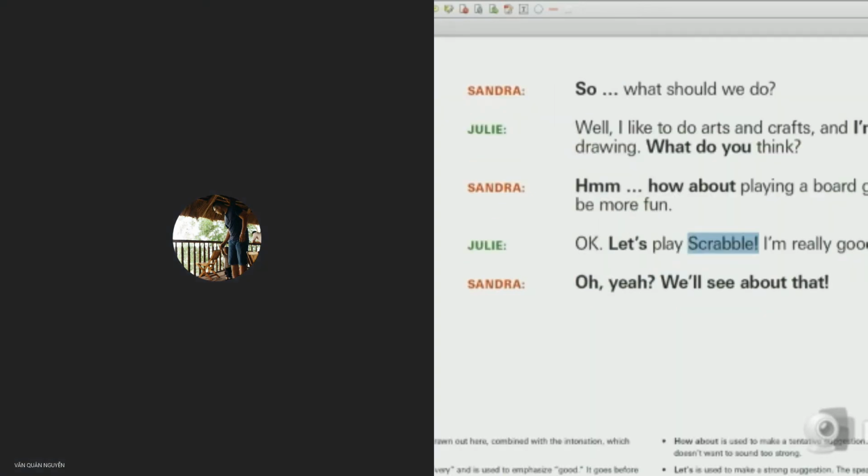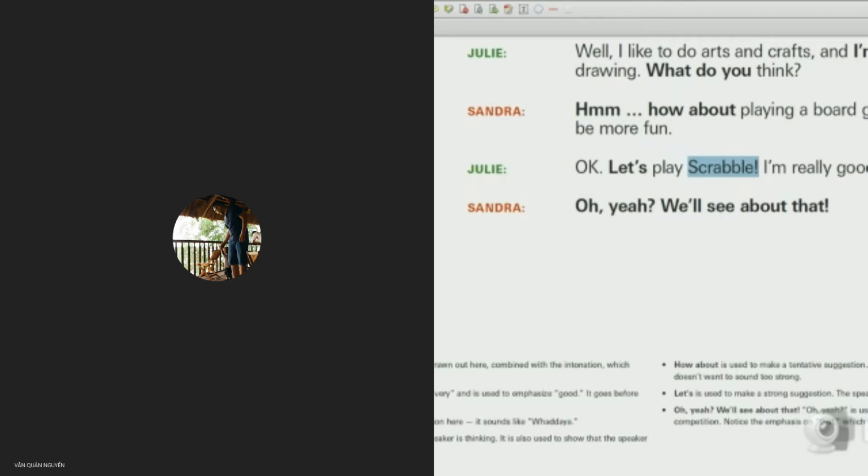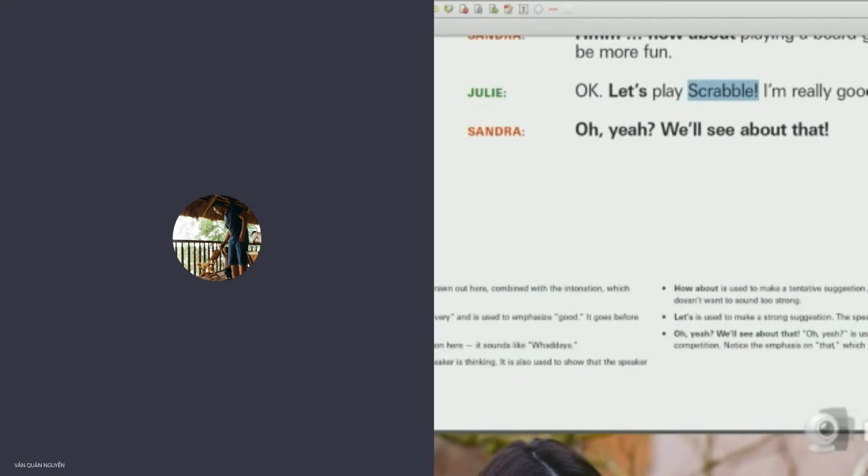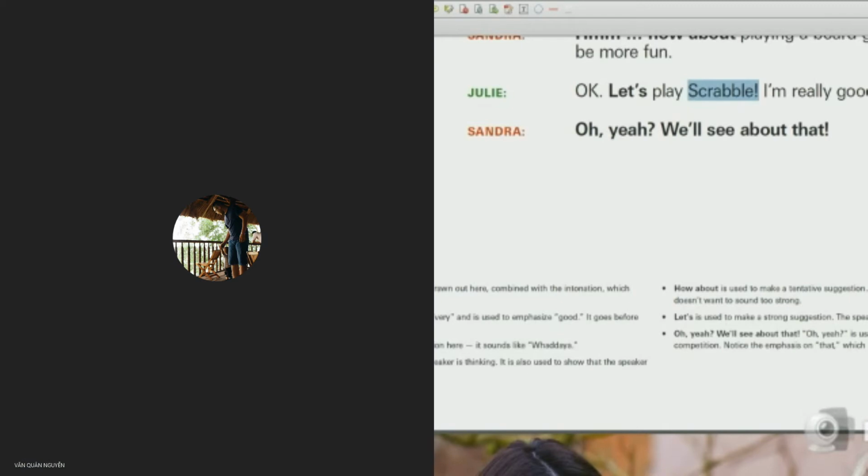Okay. So now let's go to the language notes. The first one is "so." Notice how the O sound is drawn out, so it sounds like "sooo," combined with the intonation, which shows boredom.